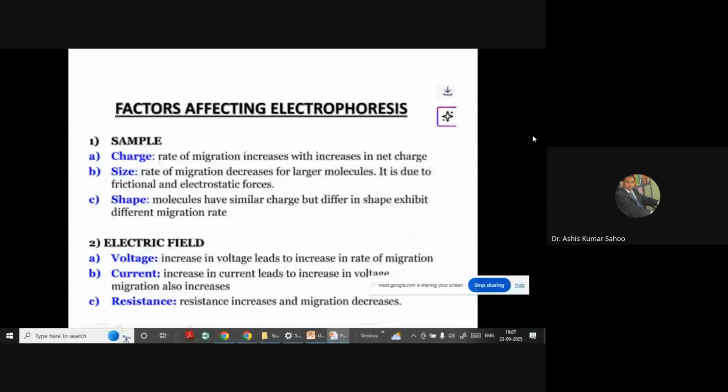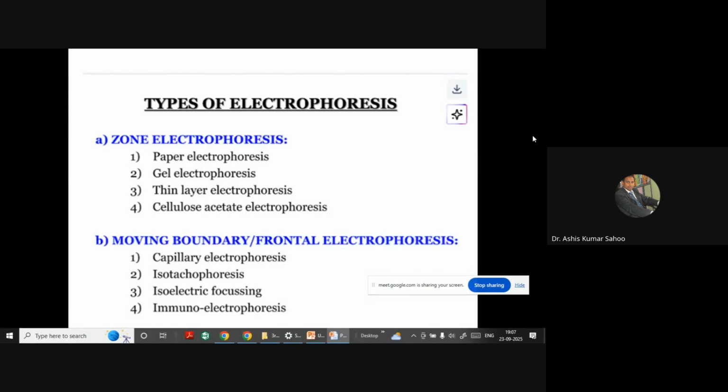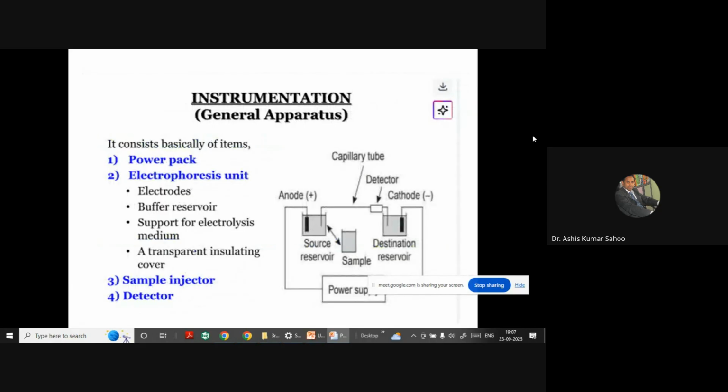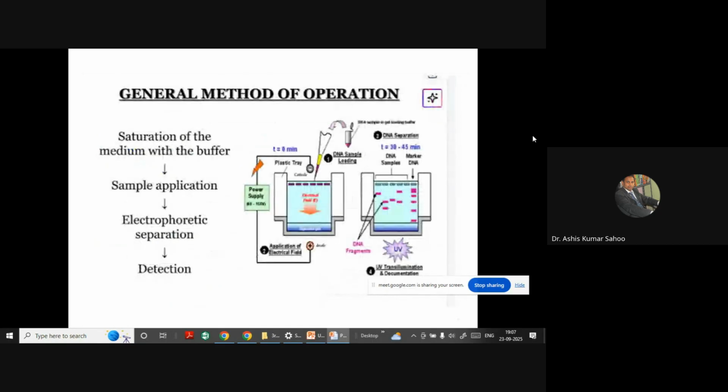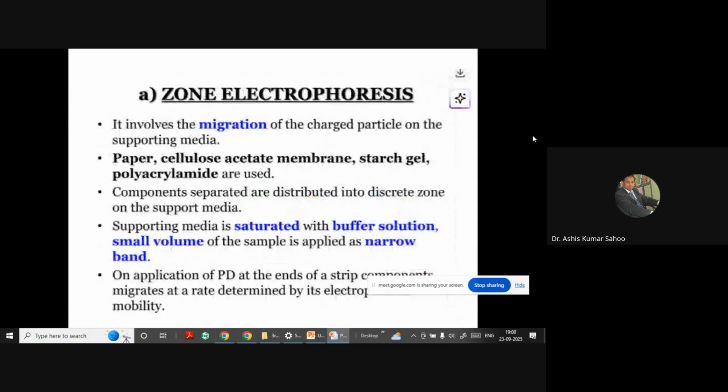These are the types of electrophoresis. The instrument, and how this instrument works. Gel electrophoresis, you can see how gel electrophoresis works.